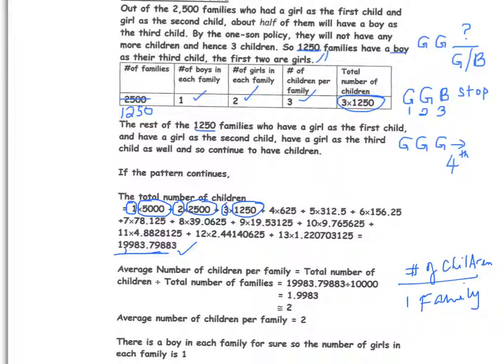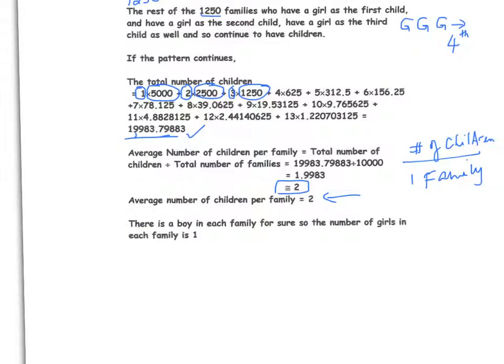So when we do the math, we come up with this number, and it almost seems like they can continue to have children forever until they get the boy child. But when you really take the average, it comes up to 2. So the population is still under control. So that answers the first part of our question. What is the average number of children per family? And our calculations show that it is just 2.